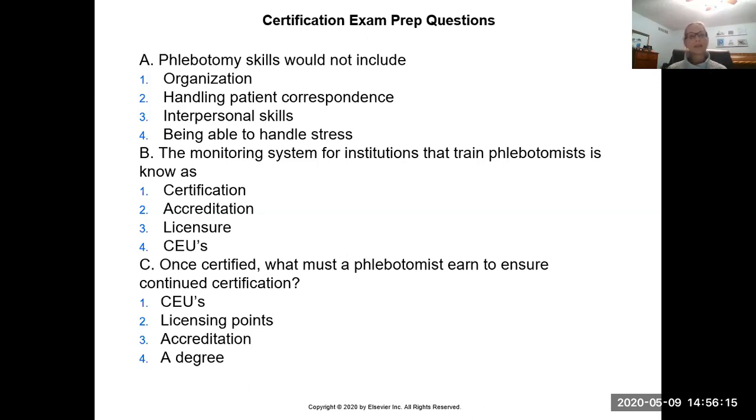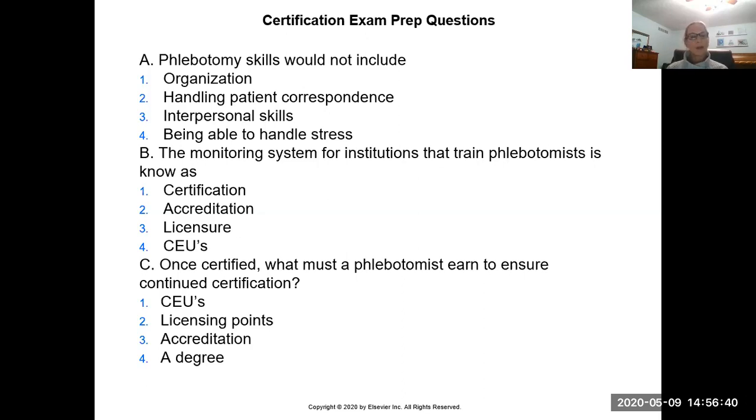Number one: phlebotomy skills would not include handling patient correspondence. They would include organization, interpersonal skills, and being able to handle stress. The monitoring system for institutions that train phlebotomists is known as accreditation.